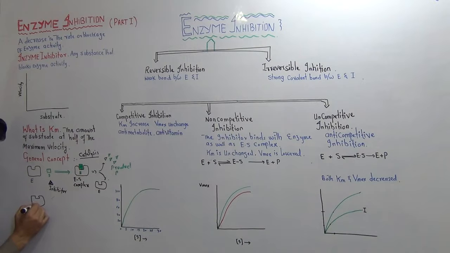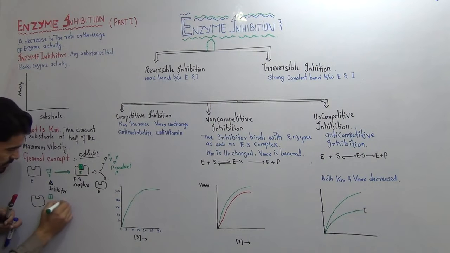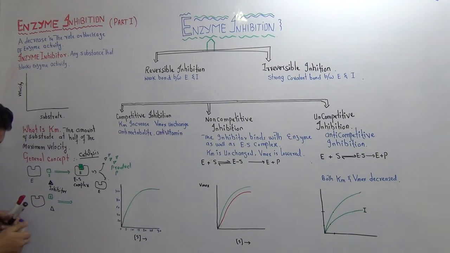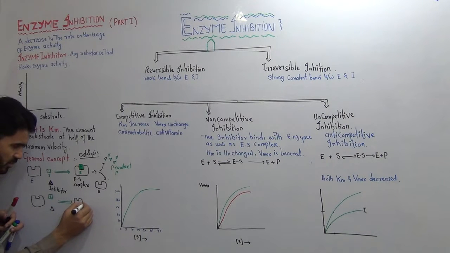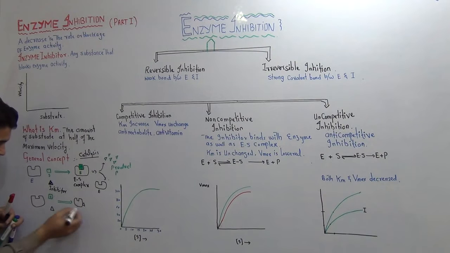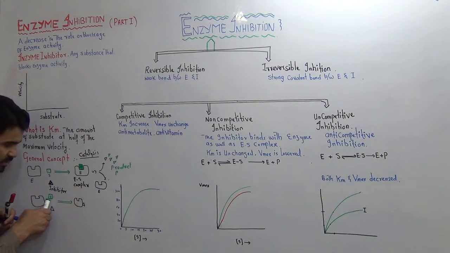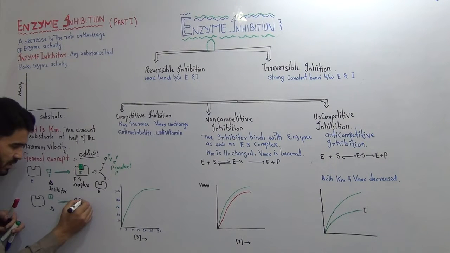This is our enzyme, this is our inhibitor, and this one is our substrate S. Now this inhibitor is attached with the enzyme anywhere, let's suppose here or somewhere. When this is attached, the substrate will not be able to convert into product. So you can say the reaction has not taken place. No reaction.